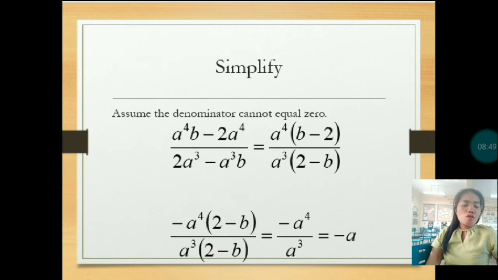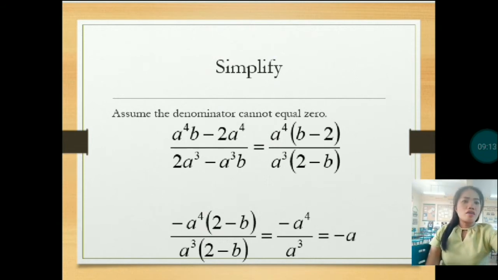And remember the laws of exponents, our final answer will be negative a. Because our laws of exponents state that we just simply subtract the exponent of our denominator from our numerator. So the answer is negative a.